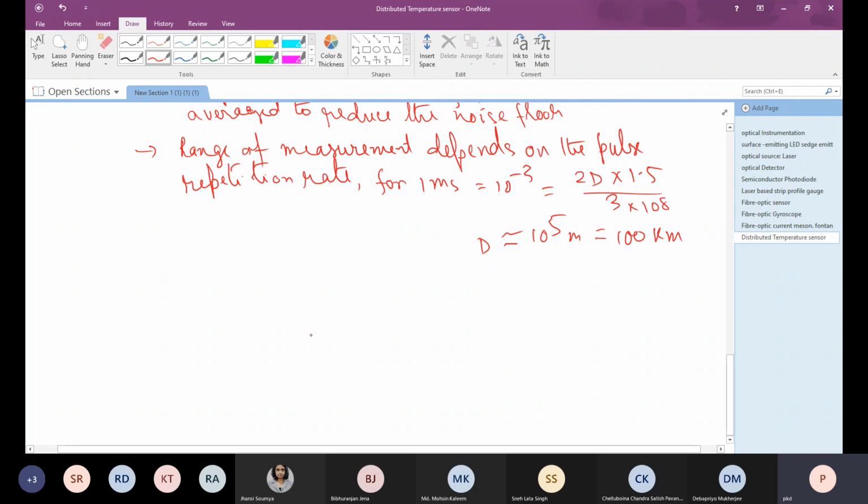So therefore, we can have a very long range of measurement.